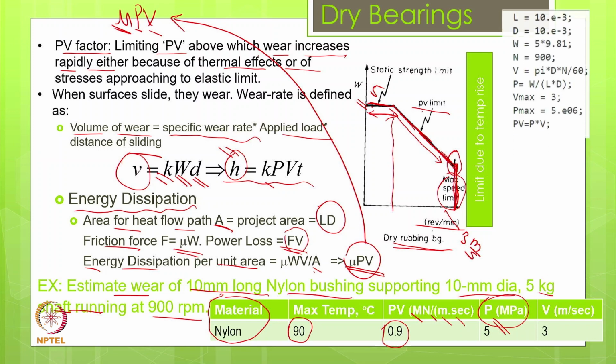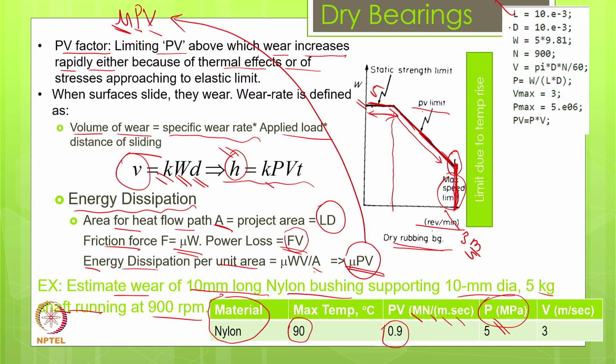So what do we do in the calculation? Simply, we define the length, the diameter, the load W, and the rotational speed. V has been calculated, P has been calculated. We know the maximum value of V max is 3, the maximum value of P is 5, and the PV limit.